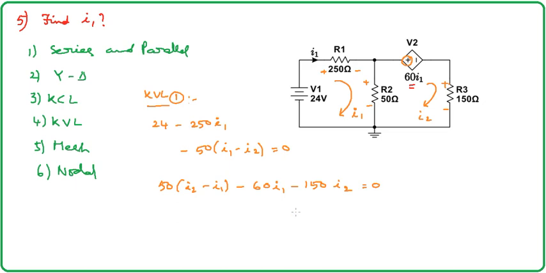So in which way can we solve this? Let me simplify these two equations so that we can come to one conclusion. 24 minus 250 I1 minus 50 I1 will give us 300 I1, minus of minus plus 50 I2, equal to 0.